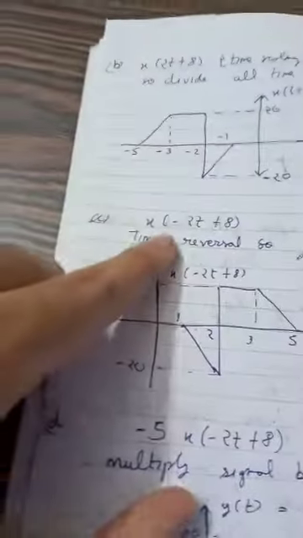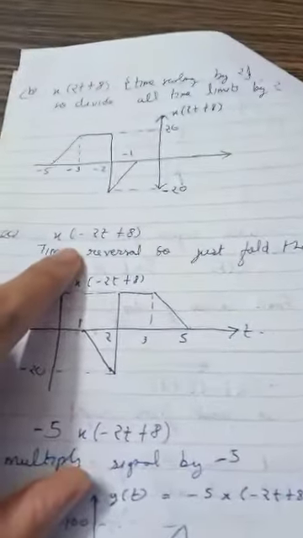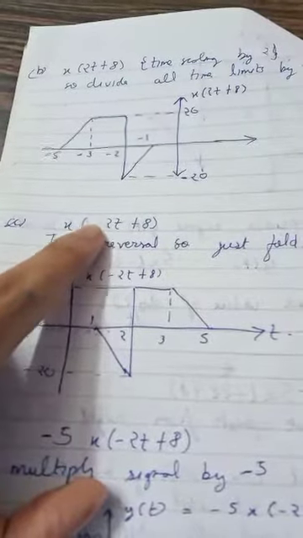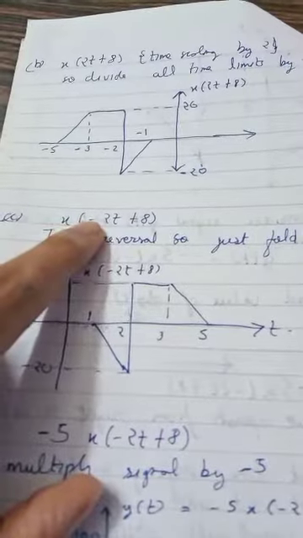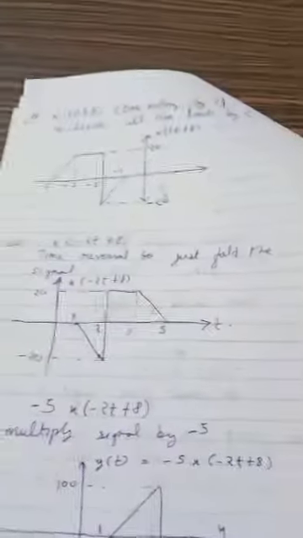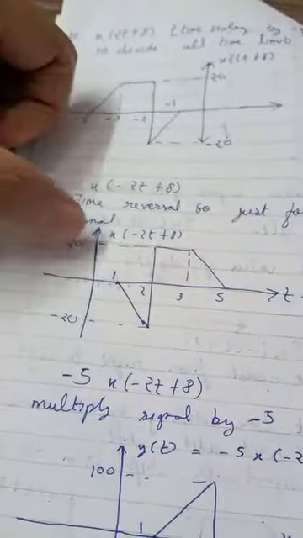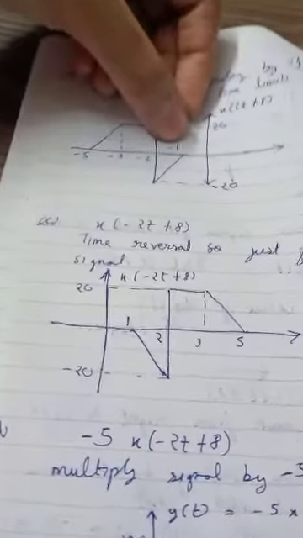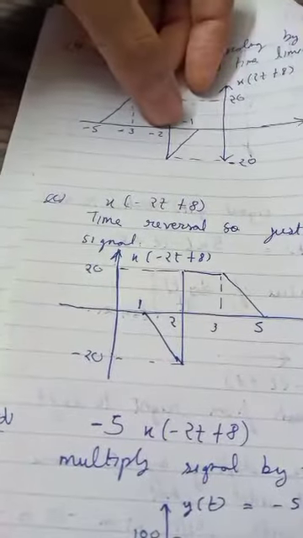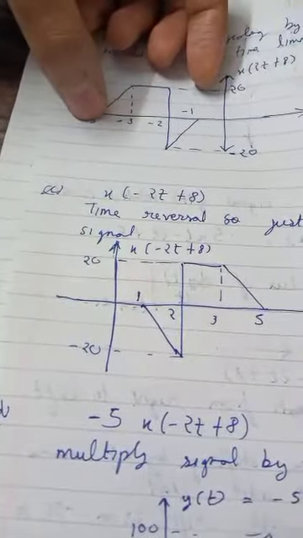The next operation is x of -2t plus 8. So we have to do the time reversal this time, because there is a negative sign here, -2t. For time reversal, just fold the signal with respect to the y-axis. When we fold the signal, -1 will become +1, -2 will become +2, -3 will become +3, and -5 will become +5.